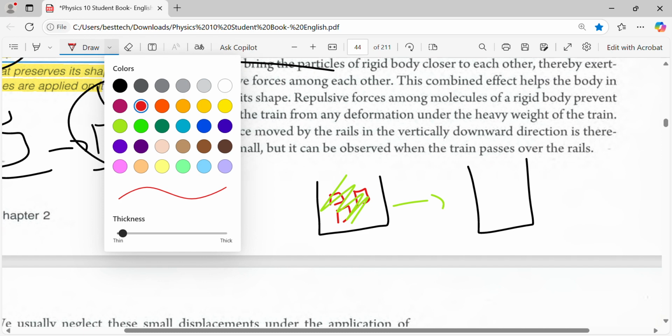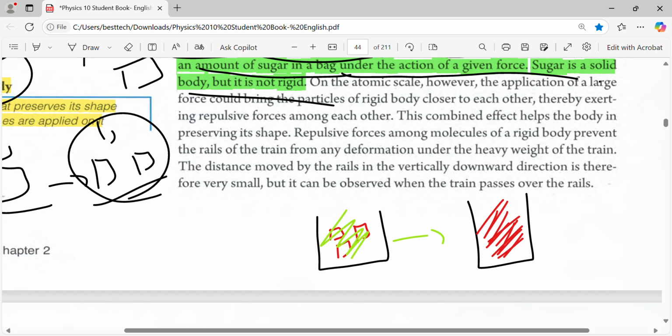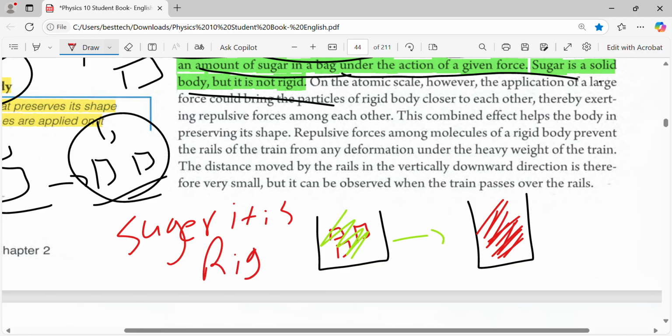So look, even it's just water without sugar. So what does that mean? That means sugar is not a rigid body. It's not rigid because it cannot protect its shape.